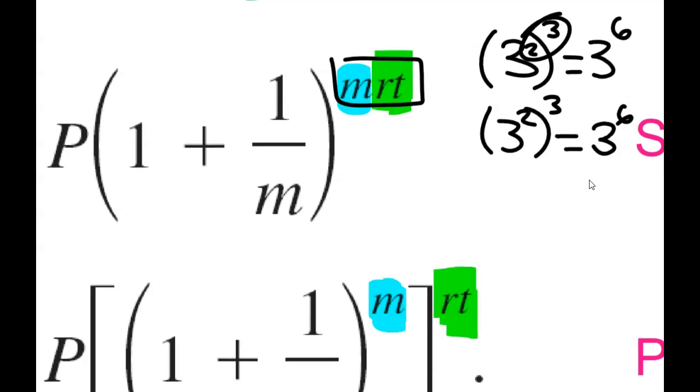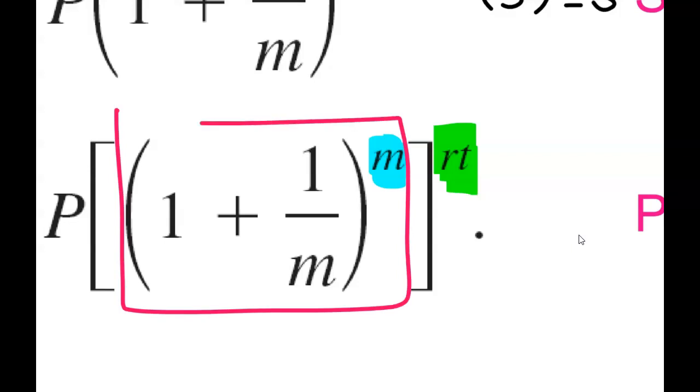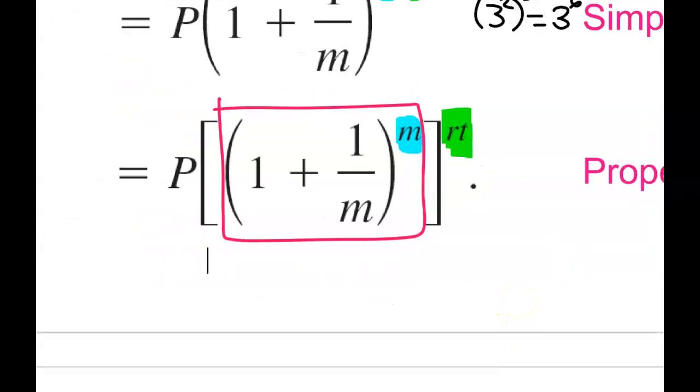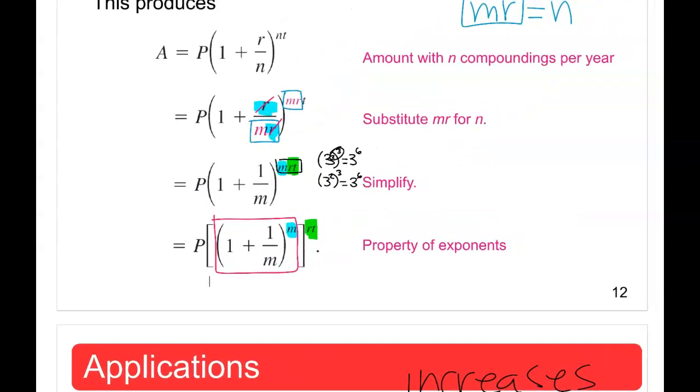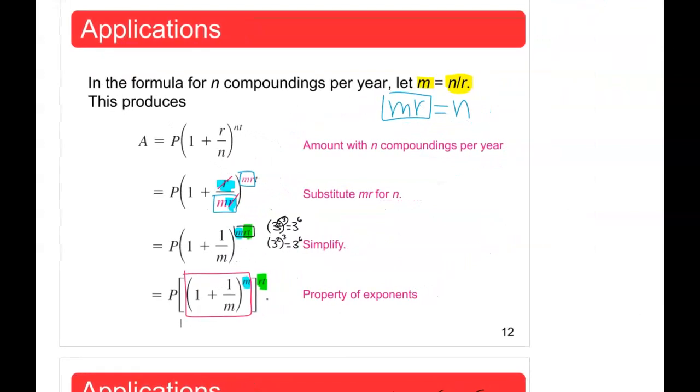So they are similar, and we're just doing that for convenience because we want to get an expression that looks like this.